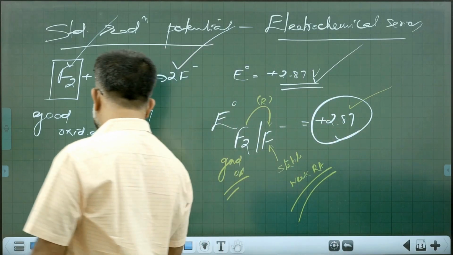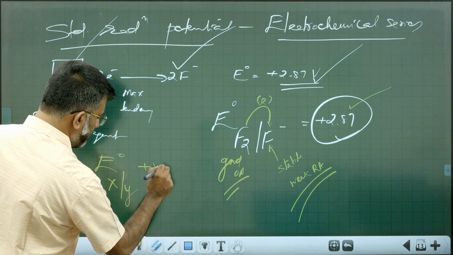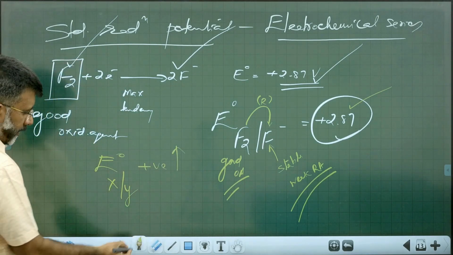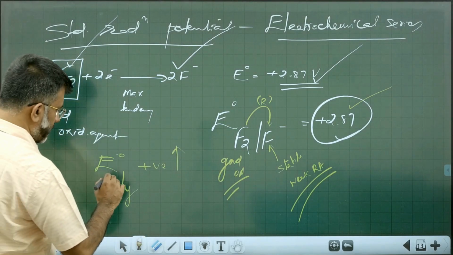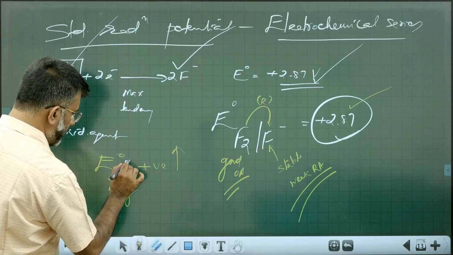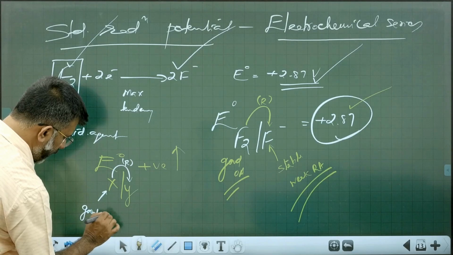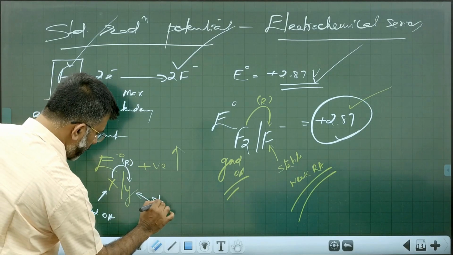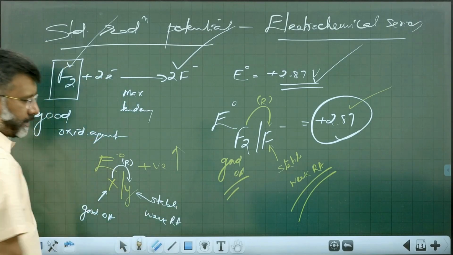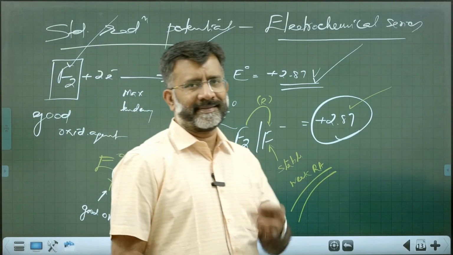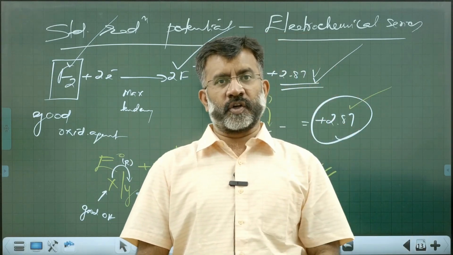So let us have a hypothetical conclusion: E0 X bar Y, high positive value. What does that indicate? You are comparing with somebody else. This is easily undergoing reduction, it is a very good oxidizing agent, and the reduced form is stable and a weak reducing agent. Is it clear? Because it has a very high reduction potential.